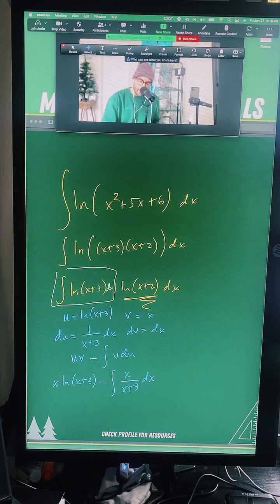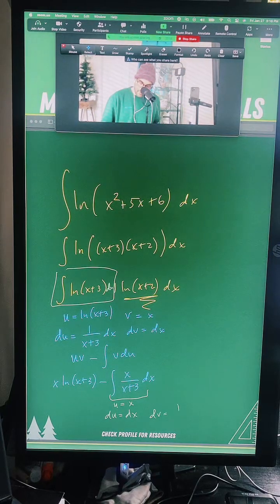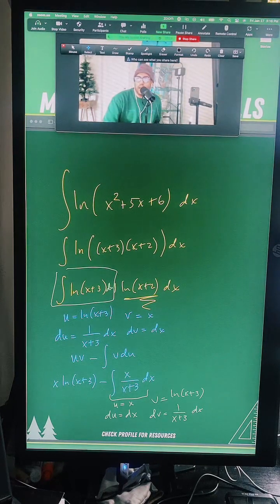All right, so on here we're going to have to do another integration by parts. So our u is equal to x, our du is equal to dx, our dv is equal to 1 over x plus 3 dx, and our v is equal to natural log of x plus 3. No, wait, why do I feel like I'm doing this incorrectly? I am totally not using integration by parts correctly. So u was equal to ln of x plus 3.